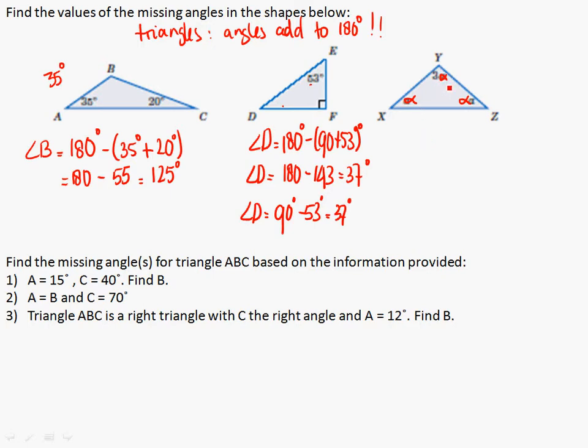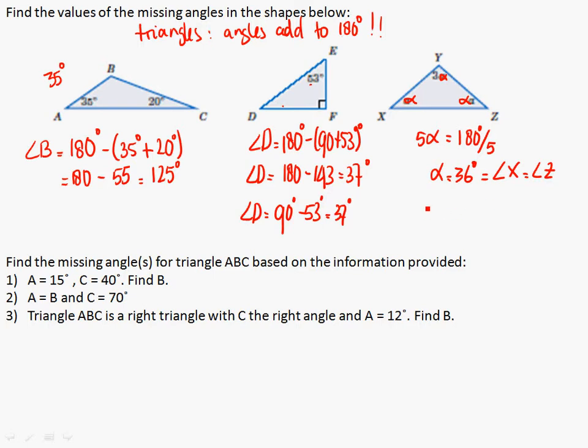Well, we got 3 here, 5, 4, 5. So all of these add up to how much? 180. So that means that one of them must be 180 divided by 5, that's 36. So angle X and angle Z apparently are 36.